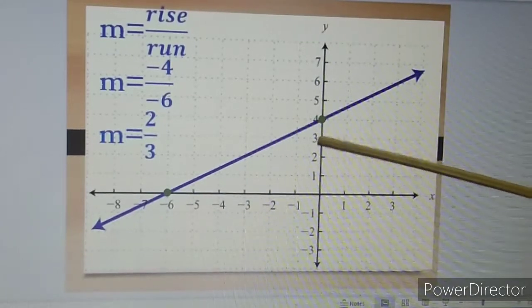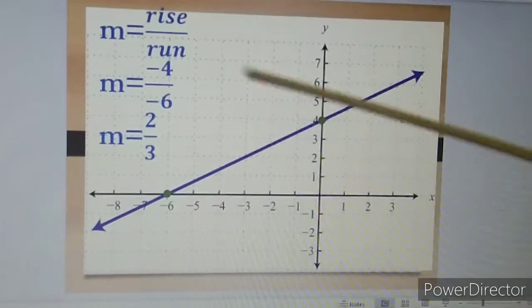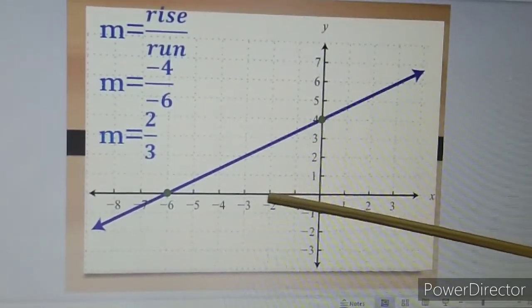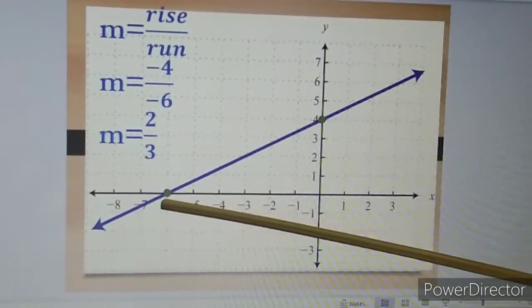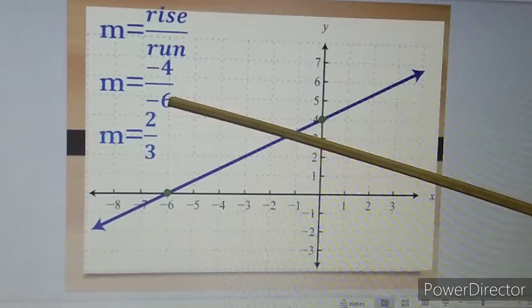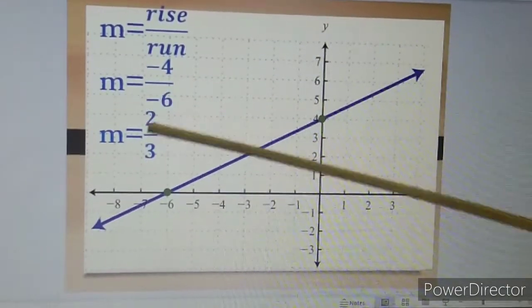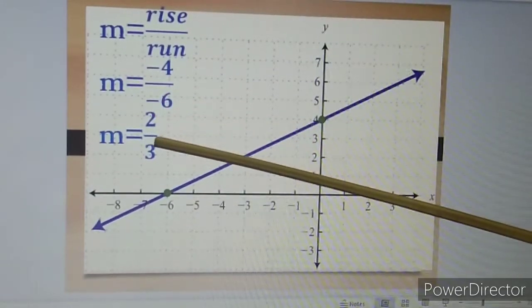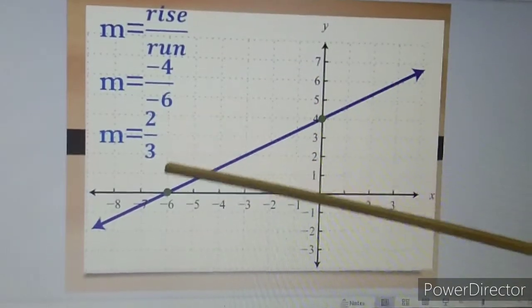So we have 1, 2, 3, 4. So 4 units down, so that is -4. From here, 1, 2, 3, 4, 5, 6. So 6 units to the left, that is -6. Negative divided by negative will become positive, and 4 over 6 can be simplified as 2 over 3. Therefore, the slope of this line is 2/3.